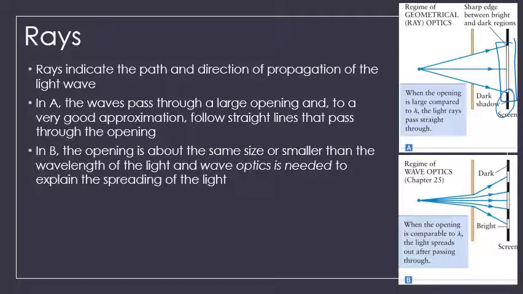Right? In B, the opening is much smaller. So when I'm looking at this opening, it's smaller, and I start getting some interference patterns. So notice this light, dark pattern. That's what we're going to look at in the next chapter. So chapter 25, we're going to be thinking about those interference pieces.